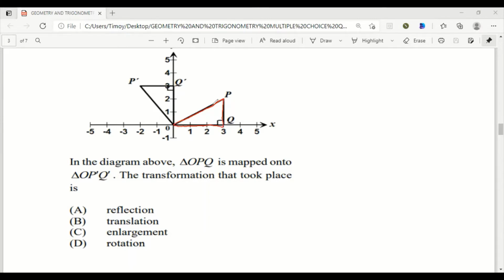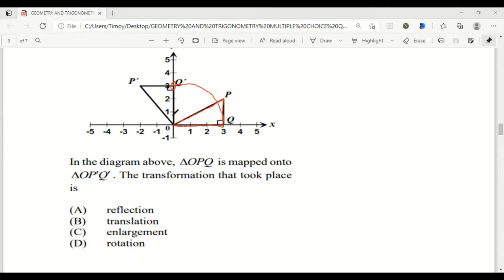So we are comparing this triangle to the triangle OP prime Q prime over here. Now, if we look at point Q, what is happening to point Q? You can see that point Q has been rotated to this location there. And that rotation has to be 90 degrees because it rotated from the x-axis to the y-axis.